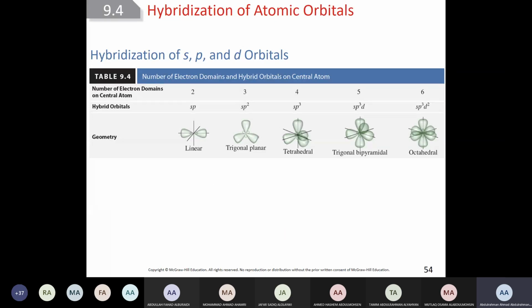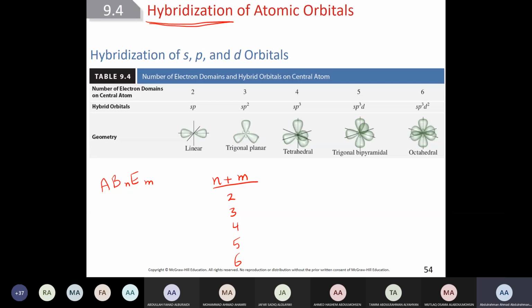If the electron domain is A, B, N, E, M, which we discussed yesterday, it depends on N plus M. If it is 2 or 3 or 4 or 5 or 6, this hybridization says that there will be mixing of orbitals before or when the bond takes place.